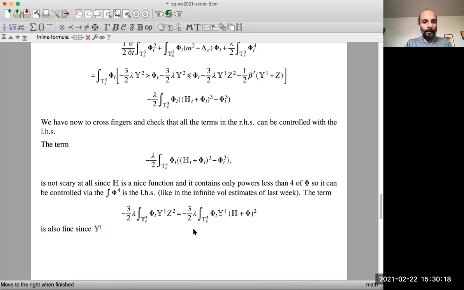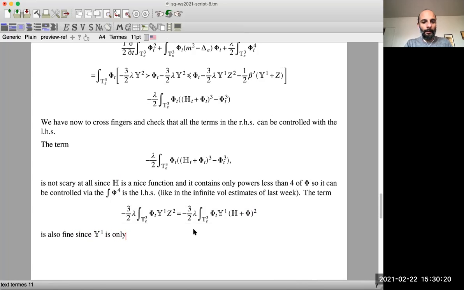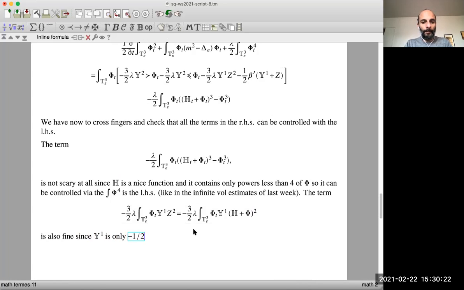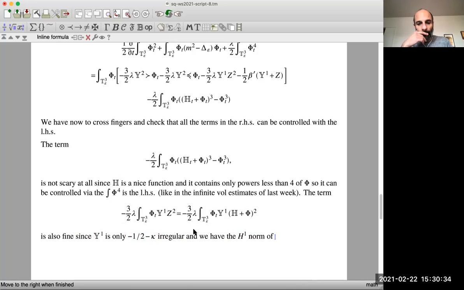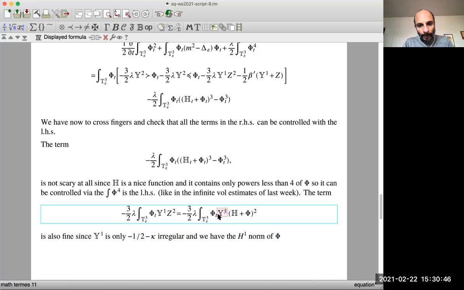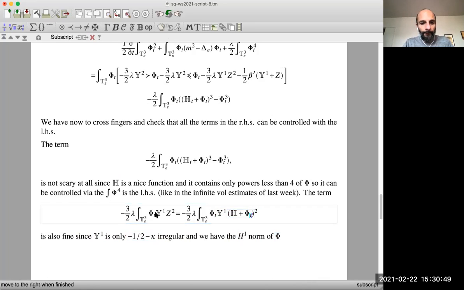Since y is only of regularity minus 1/2 minus kappa, and we have the H1 norm of phi. Phi is regular, H1 is degree of regularity 1, so also the square of phi. Then this product, and here we would have the cube, but that's fine.